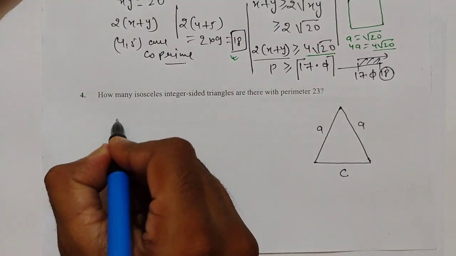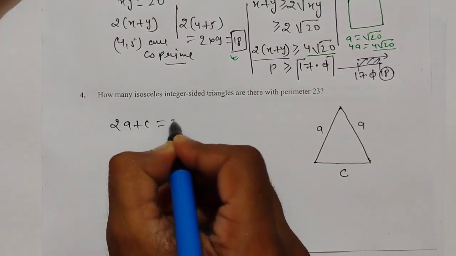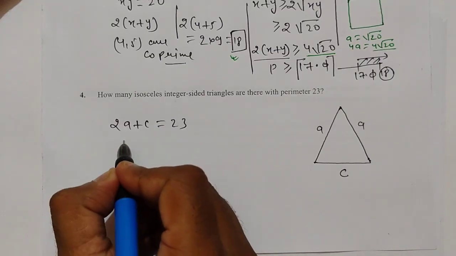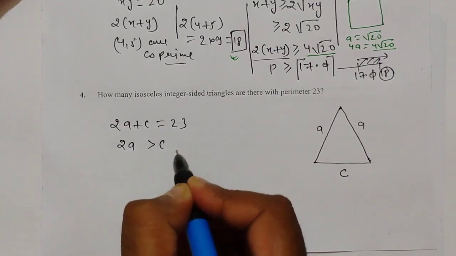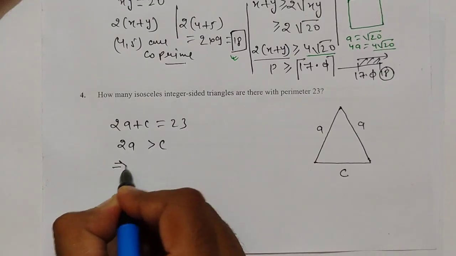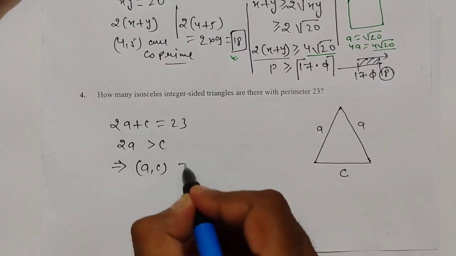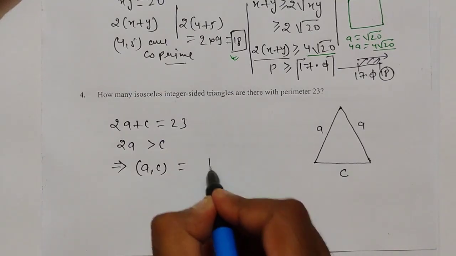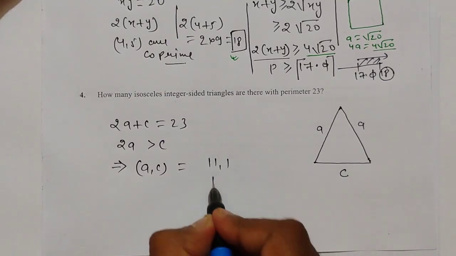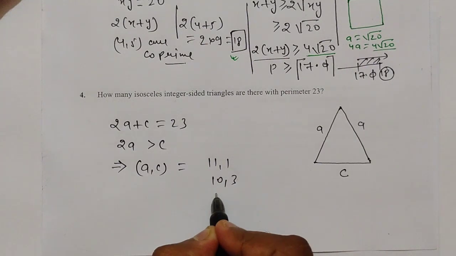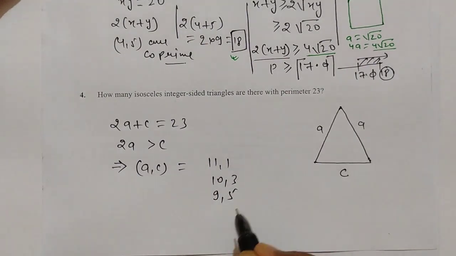Now here 2A plus C is equal to 23, and 2A is greater than C, so this will imply the values of A and C are 11 and 1, also 10 and 3, same 9 and 5, 8 and 7, 7 and 9, and 6 and 11.